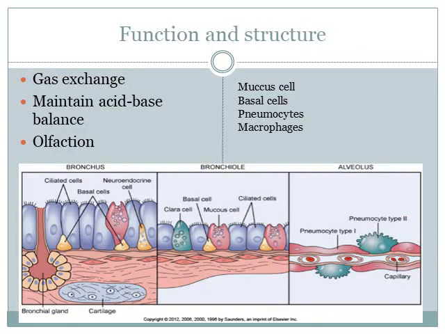So first of all, before we move into it, we'll just remind ourselves of the functions and structures of the respiratory system. Obviously the main function of the respiratory system is associated with gaseous exchange. That is done by CO2 diffusing out of the blood into the alveoli and O2 diffusing out of the alveoli into the capillaries. We're not going to go into too much detail.